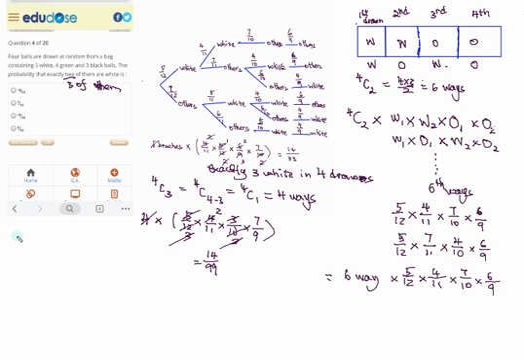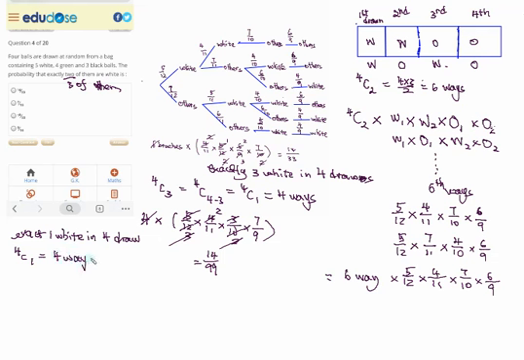Now, what about exactly 1 white in 4 drawn? Then this is 4C1, which gives you 4 ways.